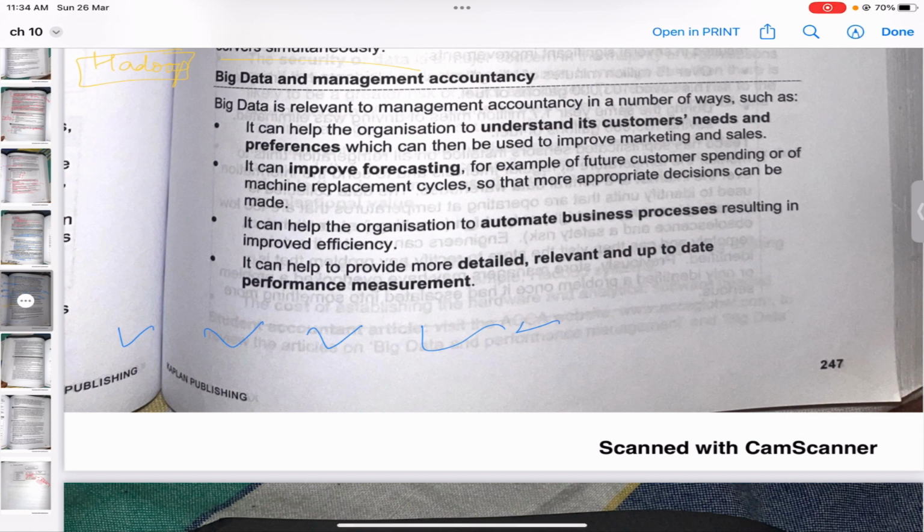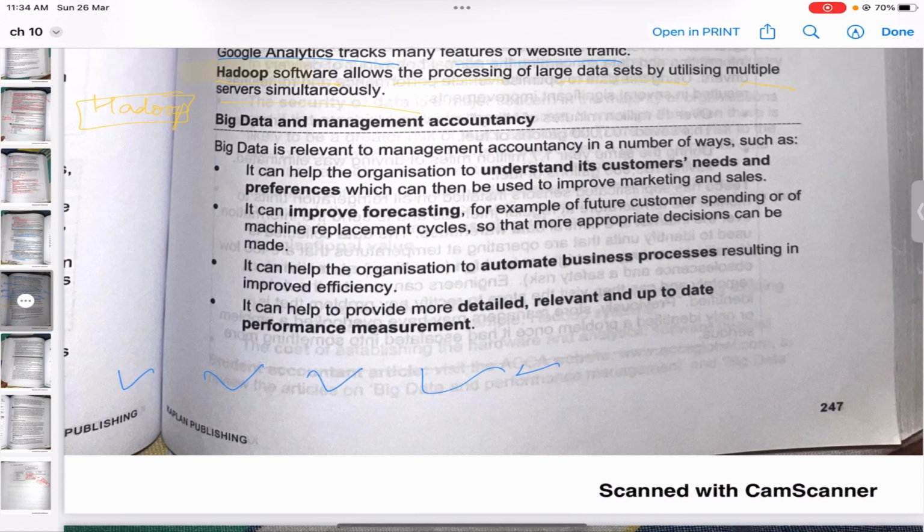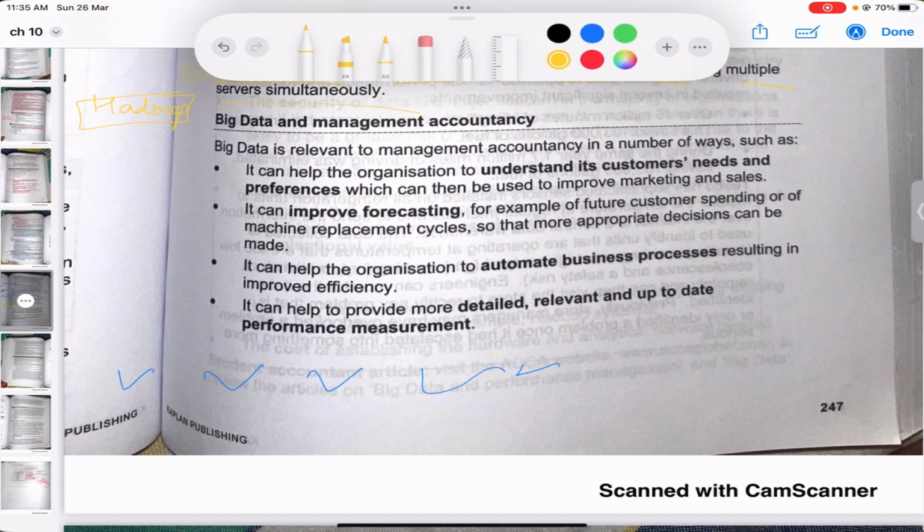Big data and management accountancy. So how does big data help management accountants? Think about it for a second. Big data is relevant to management accountancy in a number of ways, such as it can help the organization understand its customers' needs and preferences. Then this information can help us improve marketing and sales, right?